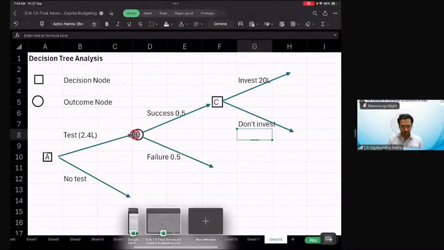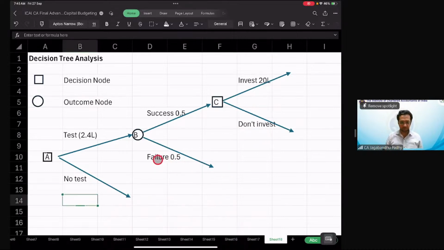So if you are facing failure over here, what is the possible course of action? Again, you have two choices: either you are going to invest an additional 12 lakh, or you're not going to invest at all. Correct? So even if it is a failure, we have two choices to make, whether to invest an additional 12 lakhs or not.